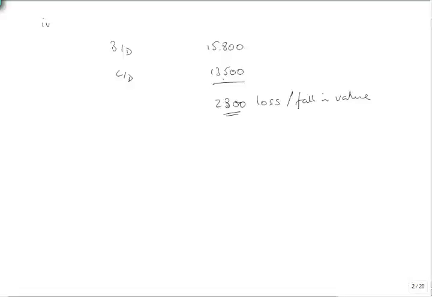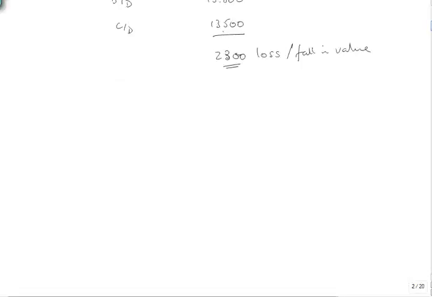And it's not going to go to share premium account, which means it's going to go to the other equity reserve. It needs to be debited to some part of shareholders' funds, so I'm going to decrease other equity reserve by 2.3, and I'm going to decrease the available for sale investments by 2.3, and that deals with point number 4.